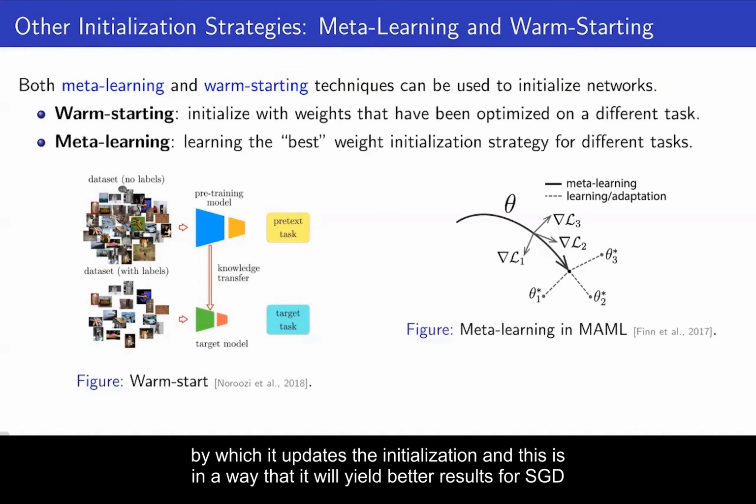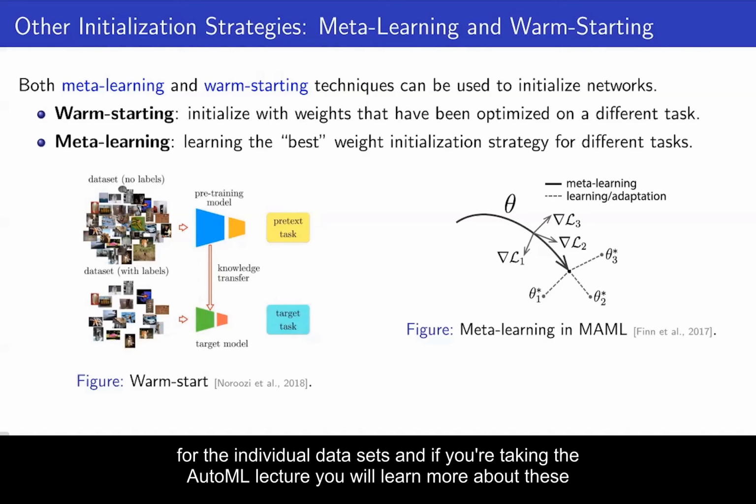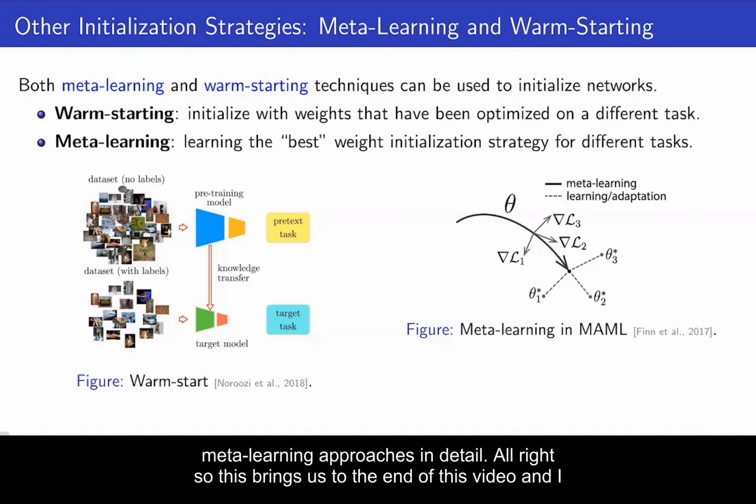And this is done in a way that it will yield better results for SGD for the individual data sets. And if you're taking the AutoML lecture, you will learn more about these meta learning approaches in detail.